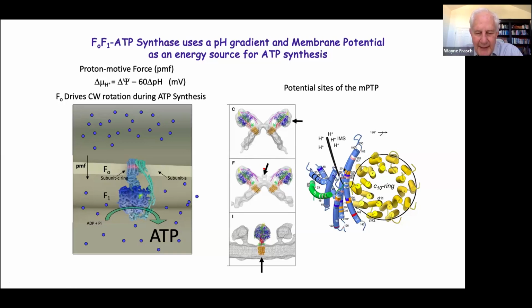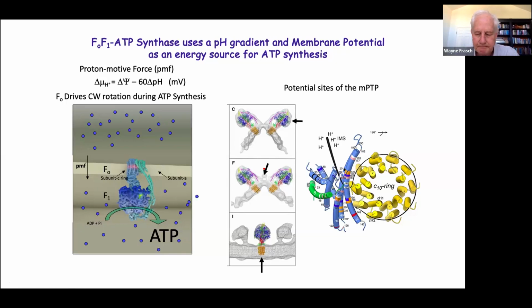Again, I'm not buying that hypothesis. But I think it's pretty well established that this is one of the main things going on with the transition pore with the ATP synthase. Exactly how it happens, I have a good idea, but I don't have any proof yet.